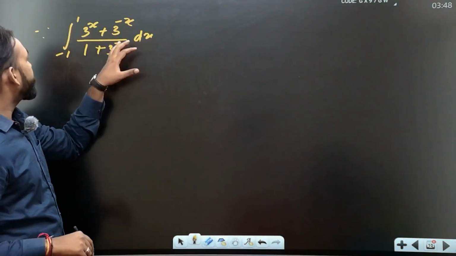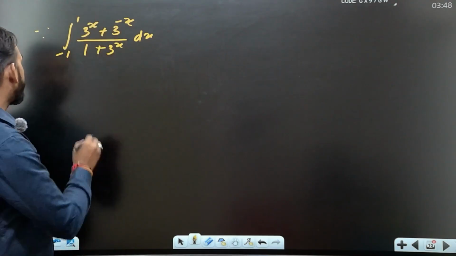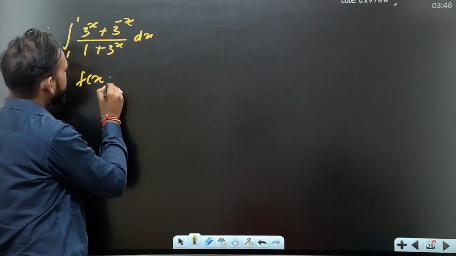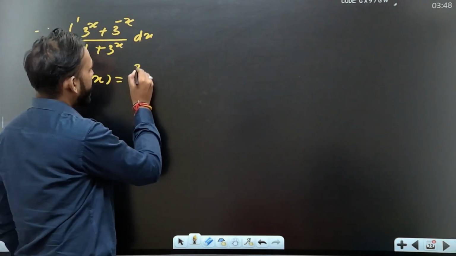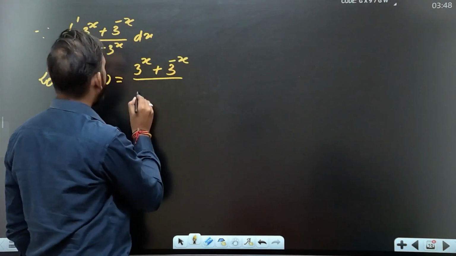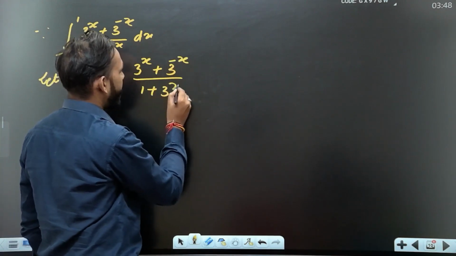Let's consider this function as f of x. Let f of x be equal to 3 to the power x plus 3 to the power minus x divided by 1 plus 3 to the power x.